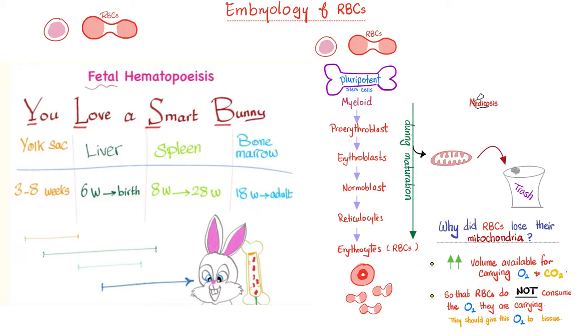That's why the red blood cell sacrificed herself for others and said goodbye to her mitochondria. Another key reason is that if you leave the mature red blood cell with a mitochondria, the red blood cell will consume the oxygen in the red blood cell itself through TCA cycle and electron transport chain, and therefore there will be no remaining oxygen available for the rest of the tissues like your brain.